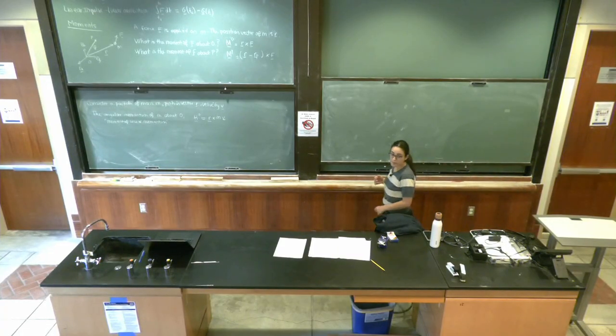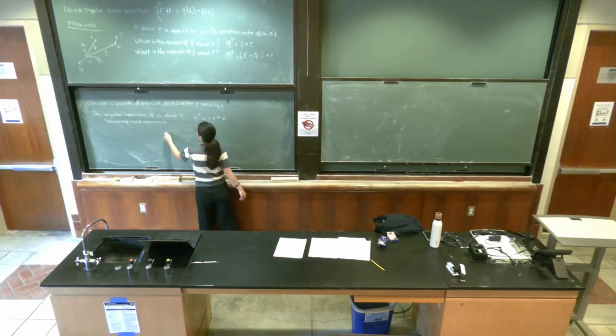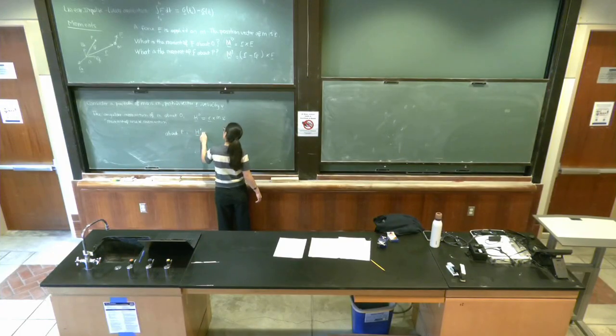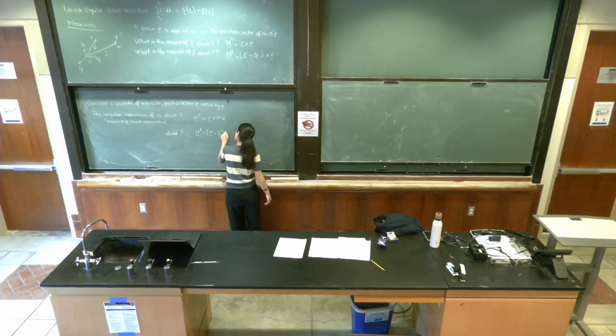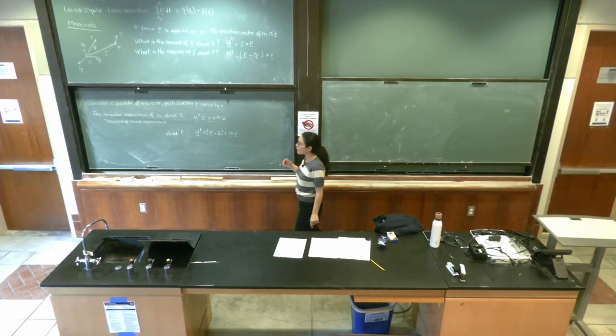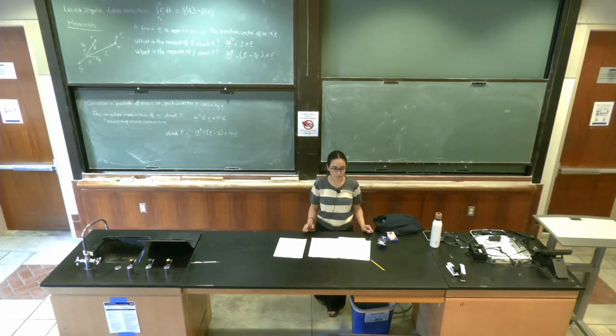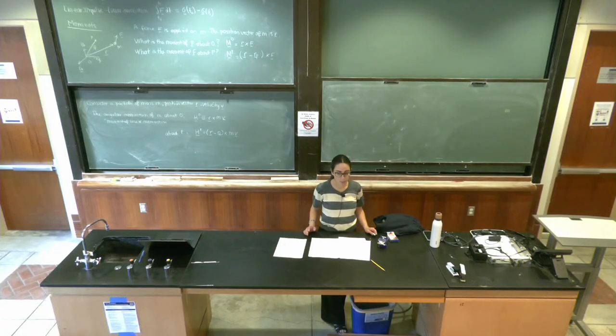In general, about any point P, it's going to be H_P equal to (r minus r_P) cross mv. So that's the definition of the angular momentum of a particle about a certain point. So again, what's the linear momentum of a particle?